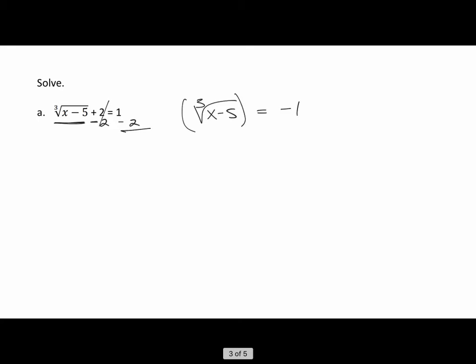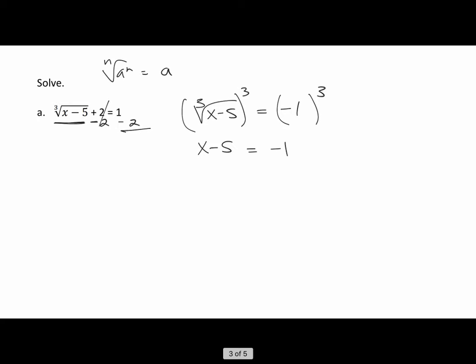I'm going to raise the entire side to the power of the index. So that will cancel out the radical on the left side, leaving just the radicand, because the nth root of a to the n is a. And on the right side, -1 to the third power, that's going to be -1 still.